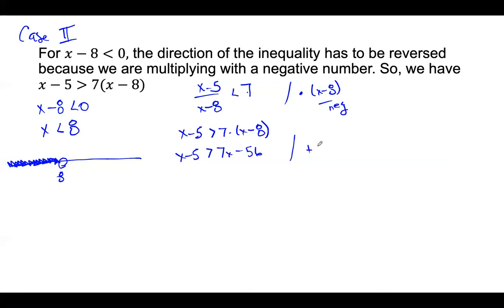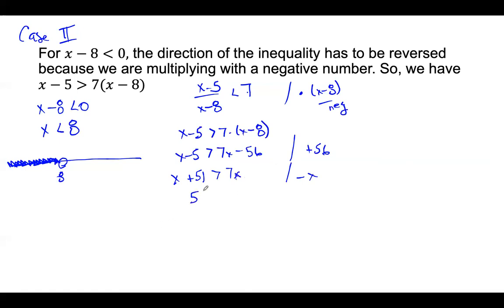We want to add 56 to the left and right hand side. So we get x plus 51 greater than 7x. We want to subtract x from both the left and right hand side.